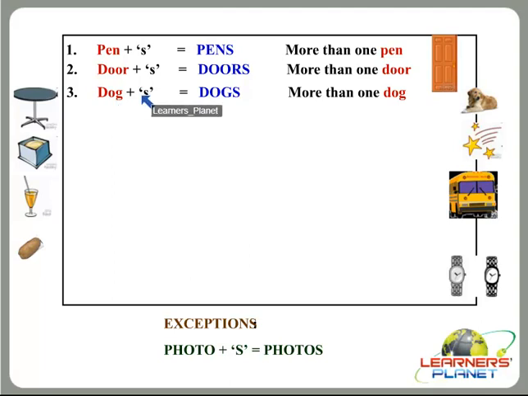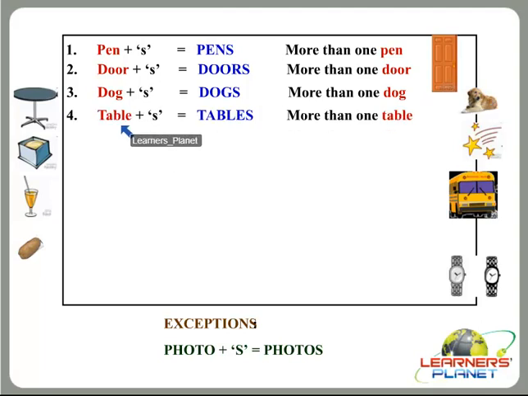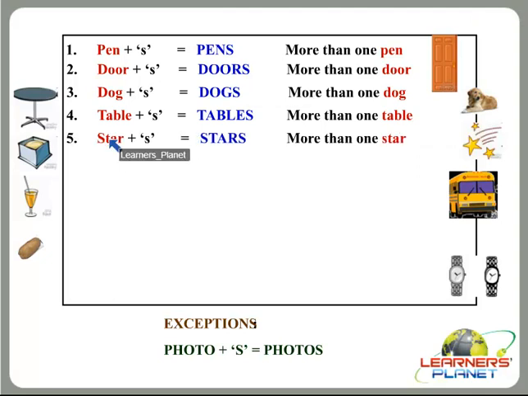Dog plus s gives dogs, more than 1 dog. Oh, here is a dog. Table plus s gives tables. Tables is more than 1 table. Star. Star plus s gives stars. So more than 1 star are called stars.